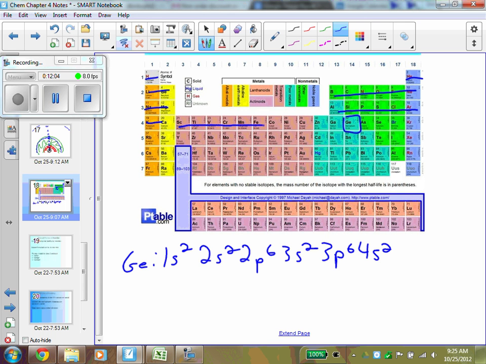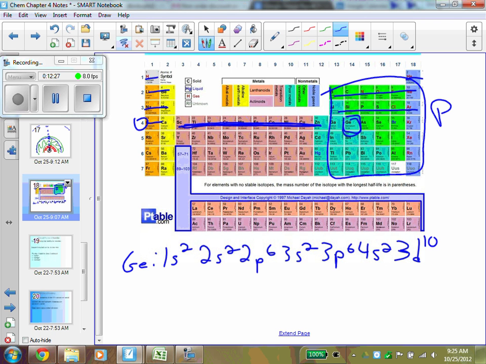Now, where am I going to go here? I'm in the D block, so it's 1 behind. It's 4th period minus 1, which is 3D. Now I've got to get all the way over here. So this is all filled, the whole thing is filled. So 3D10. Now I'm back in the P block, and the P block is always equal to the period that I'm on.